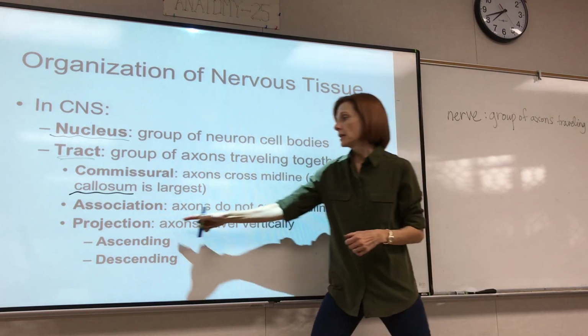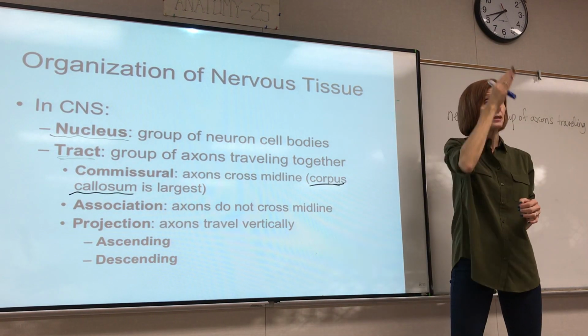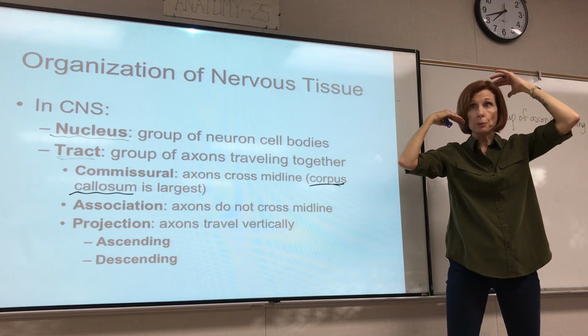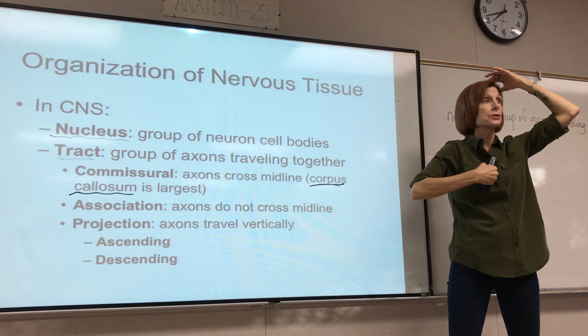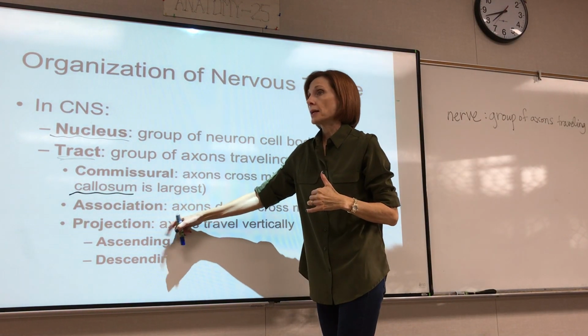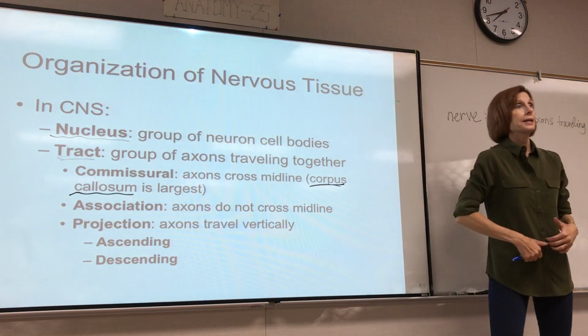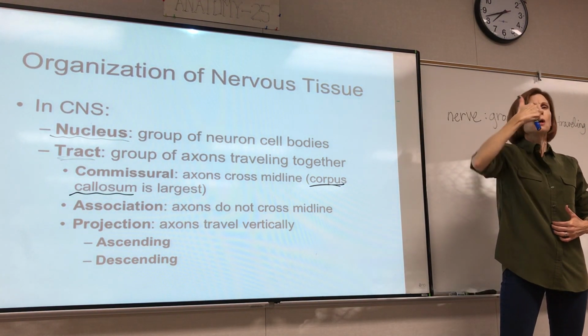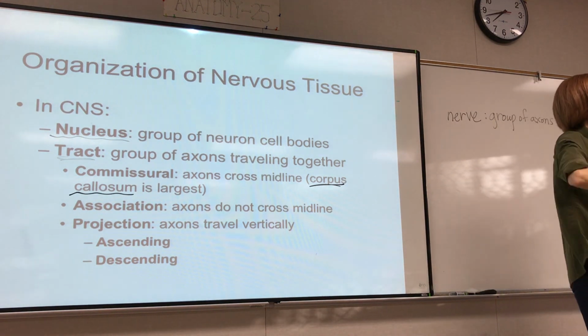And then finally, if the axons are traveling vertically, they could be connecting a higher center to a lower center in the brain, or maybe connecting the brain to the spinal cord. These are called projection tracts. These can be carrying ascending information, meaning it's traveling up. What type of information would it be if it's ascending?